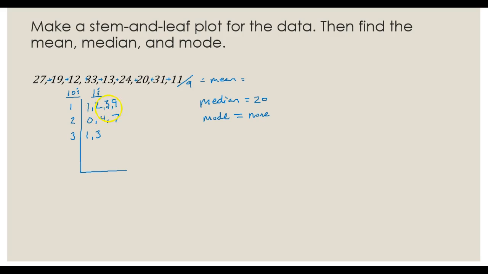But you don't have to do this. So there's 4 10s, so I can say 4 times 10 is 40, plus the ones place, so 1 plus 2 plus 3 plus 9, that's 15, is 55.